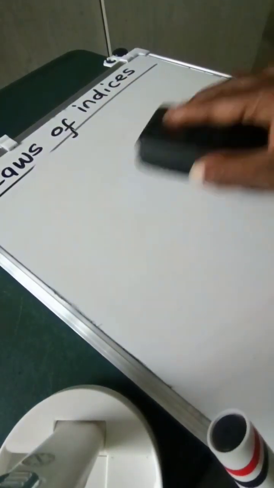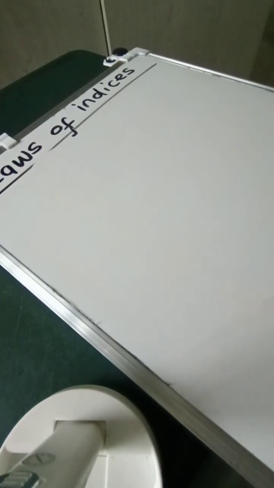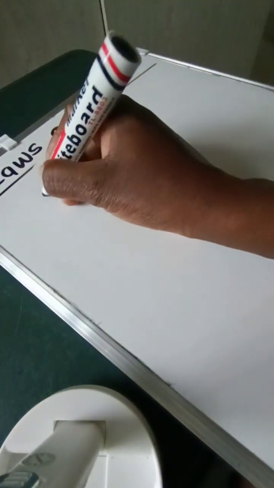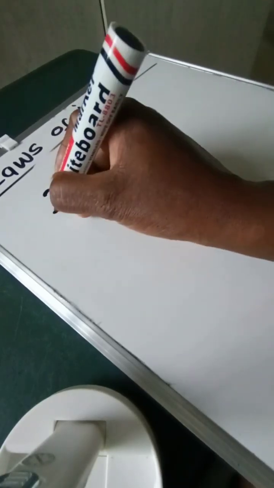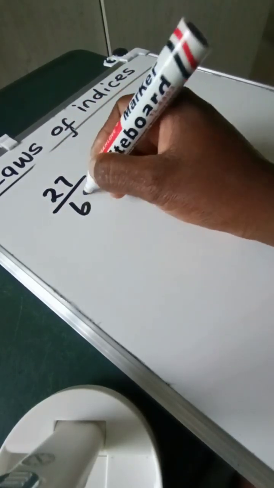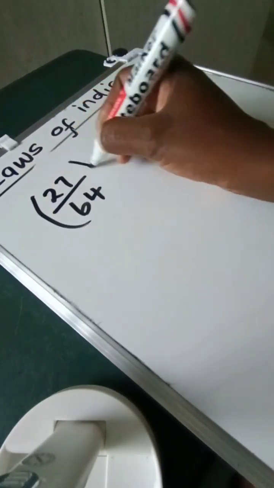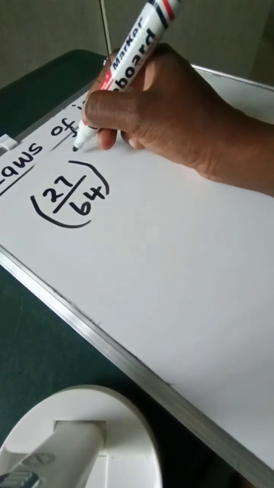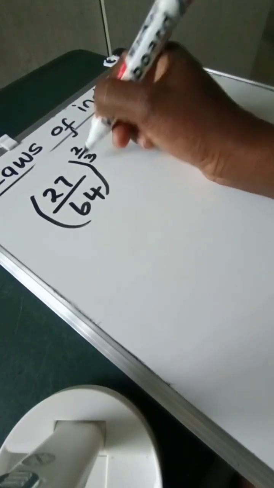Let us have another example and see how these things work. I can have 27 divided by 64 and all this to the power of 2 over 3.